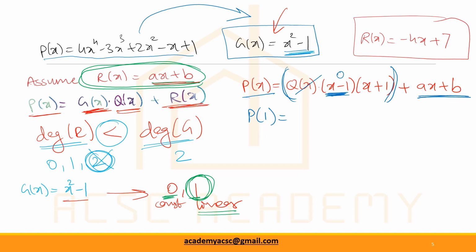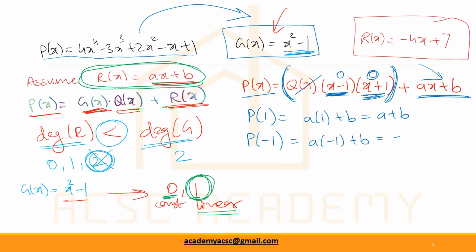So we will get p of 1 equal to, simply from this side, a into 1 plus b, which is a plus b. Similarly, when we substitute x equal to -1, we get p of -1 equal to, here again -1 is a factor of this particular term, so that will become 0, nullifying this entire term. So we will get p of -1 as a times -1 plus b, which is -a plus b.